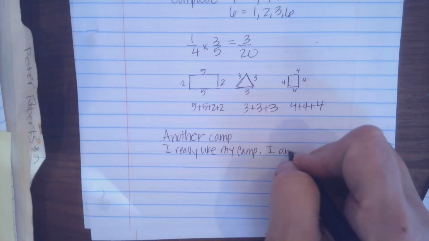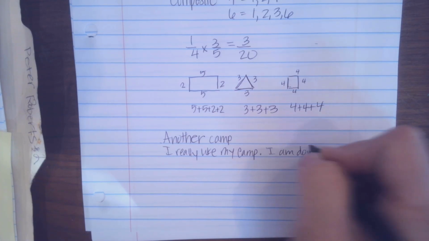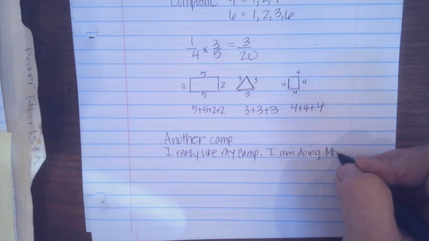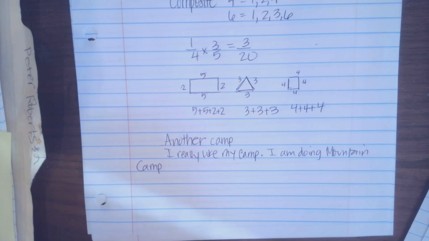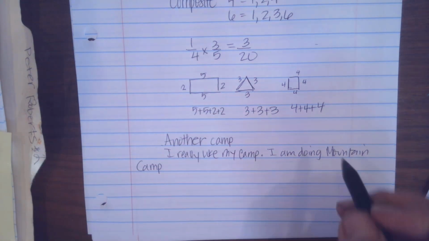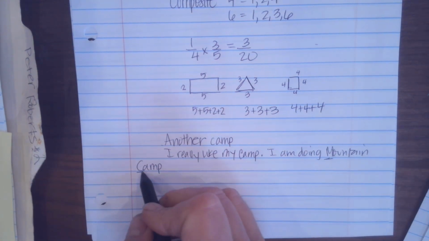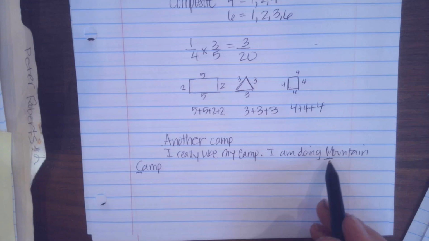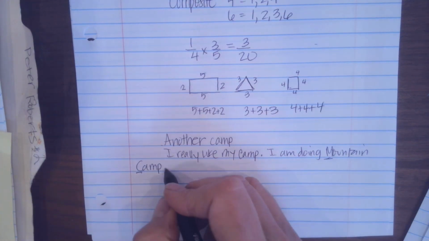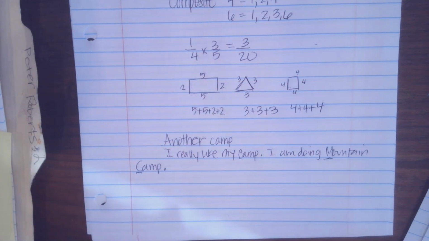I am doing, I'm just going to make this up, mountain camp. Since it's the specific name of a specific camp, it's called mountain camp in this. I don't know if it's really what it's called, but in my paragraph, that's what the camp is called. We capitalize M and C, and then we continue writing.